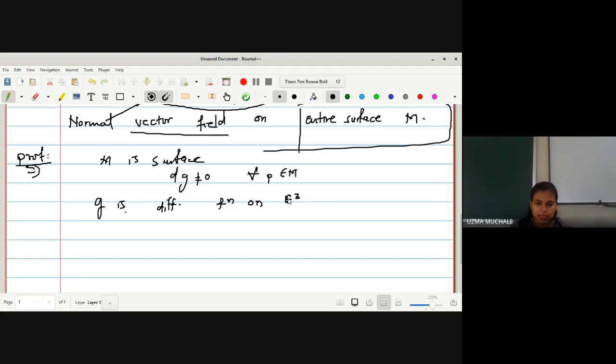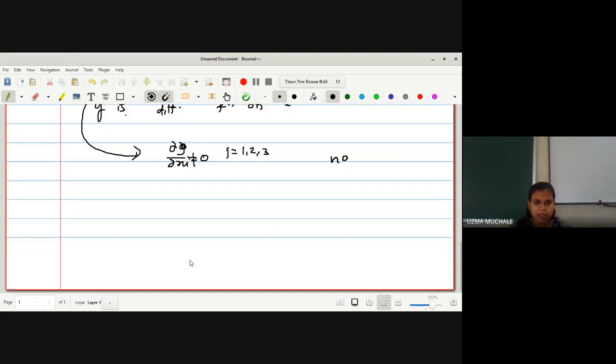Okay, dg not equal to 0, it means that it is differentiable. Okay, so g is a differentiable function on E3, so we can have dou g by dou xi, for i running over 1, 2 and 3. Okay, so if dg is not equal to 0, I can say that dou g by dou xi are not equal to 0 simultaneously. Okay, these are non-zero simultaneously. Correct, no?